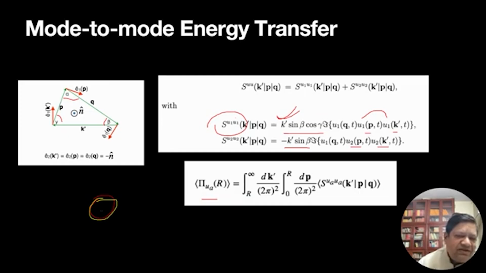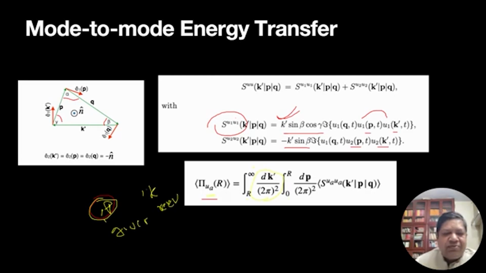What is the flux? It is energy going from all the modes within the sphere to modes outside the sphere. So the giver mode P must be inside the sphere, and K must be outside. So that's what we got here: K goes from r to infinity, and P goes from 0 to r. So the givers are inside, and the receivers are outside.